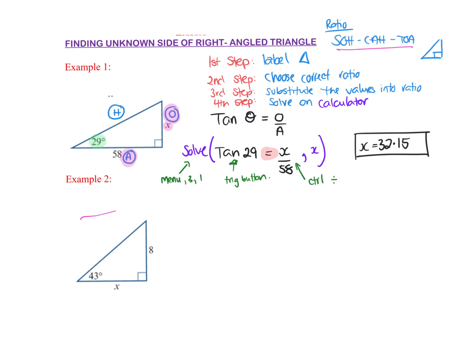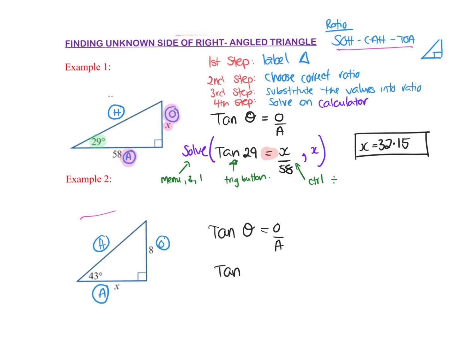All right, so now we've done one. Let's do the other one a little bit quicker. My first step is to label the triangle: hypotenuse, opposite, and adjacent. Okay, so which rule am I using? It's the same one, isn't it? Tan. So we're going to use tan theta equals O over A. You should always write your rule first. Then we'll do the substitution.